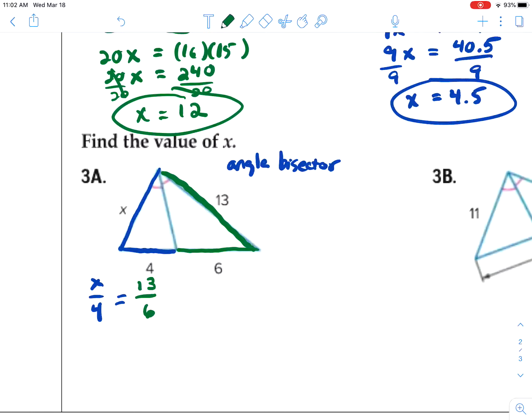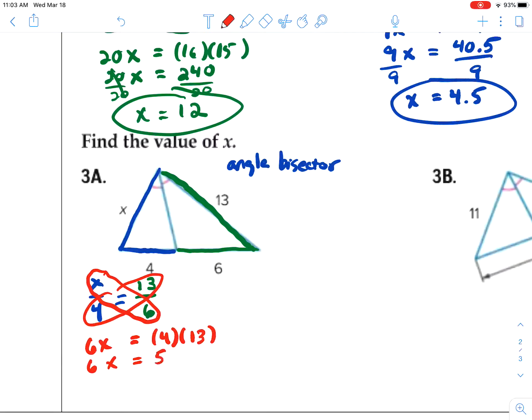All right, so if we're going to solve this, we have 6x is equal to 4 times 13. So 6x is equal to 52. And then dividing by 6.